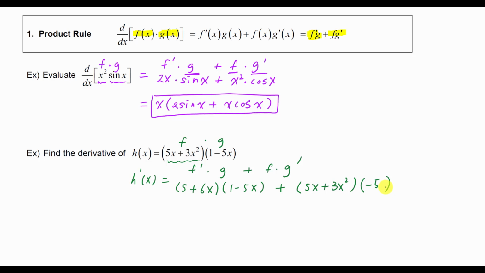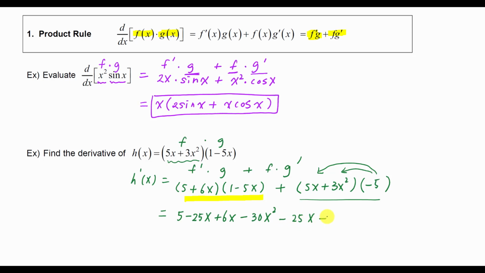Now we would like to simplify this. The first expression, we're just going to have to FOIL. So let's multiply out. First and first, I get 5. Outer two, minus 25x. Inner two, I get positive 6x, minus, last and last, 30x squared. And then for this one, I only have a monomial times a binomial, so you're just going to have to distribute. That will give you negative 25x minus 15x squared. So let's write our answer in descending order.